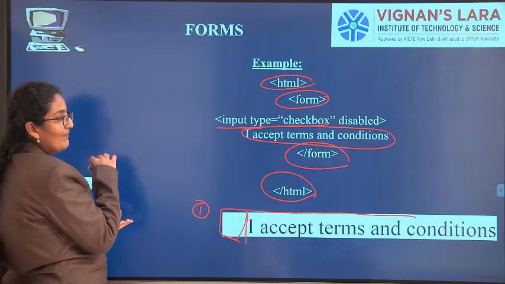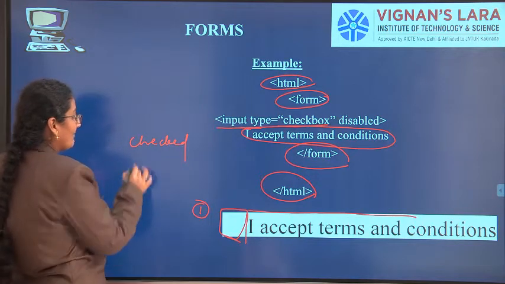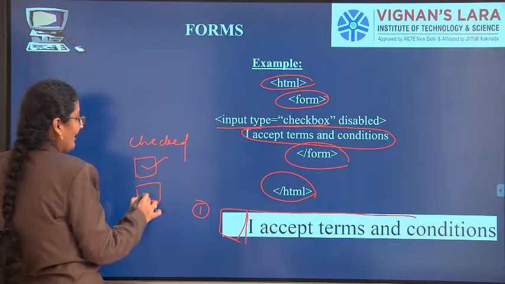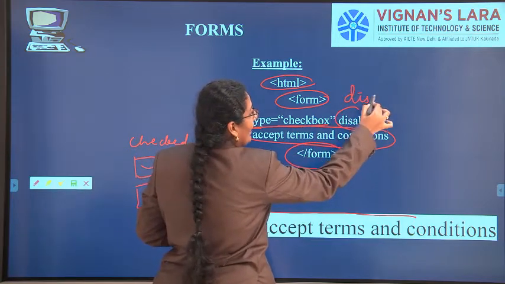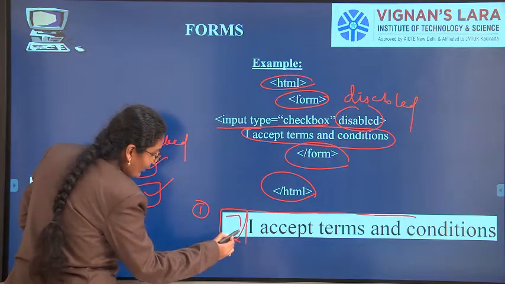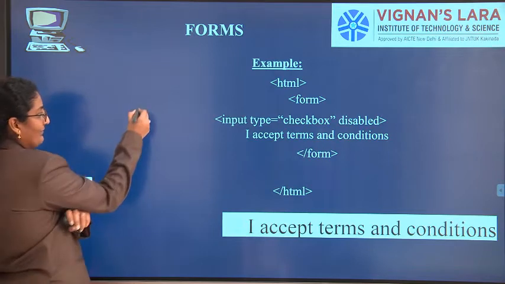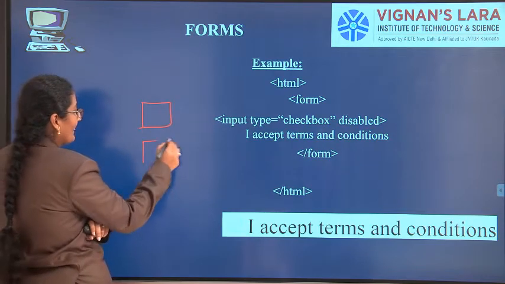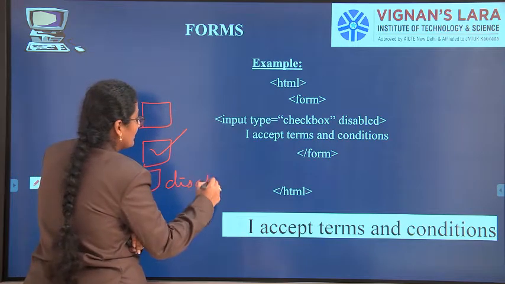In the previous example, what have you seen? Checked is the option I gave in the previous example, so all the checkboxes were automatically selected. But what have I given here? I have given disabled. So this checkbox is disabled. See, you have 3 types of checkboxes: normal checkbox, selected checkbox, disabled checkbox.